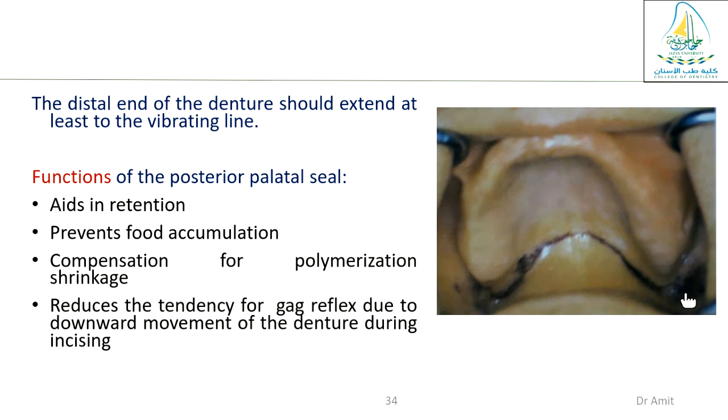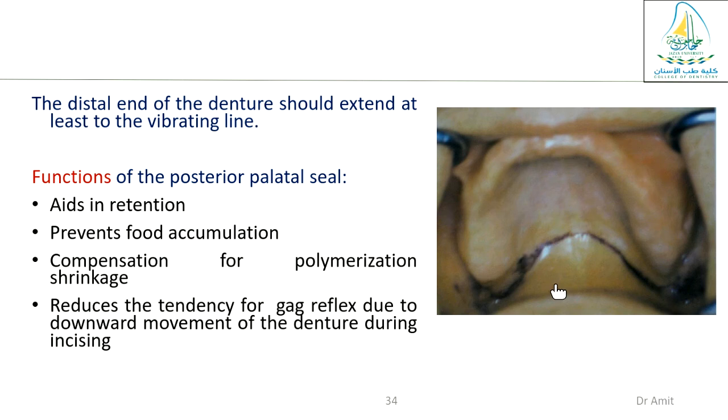Now what does this area do? It helps in retention. It means it will not allow air to go inside from this area. It will not allow food to go inside from this area. It will also compensate for the polymerization shrinkage. What does it mean? It means that when we process our denture, the acrylic can shrink away from the tissues.